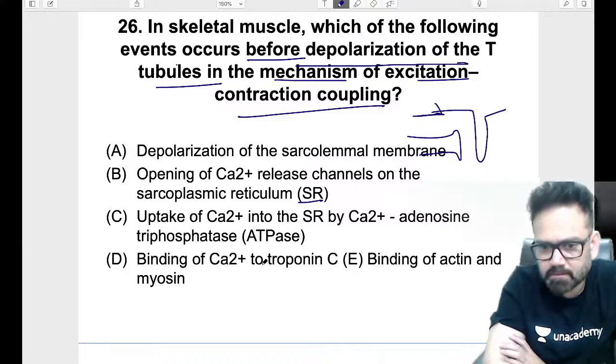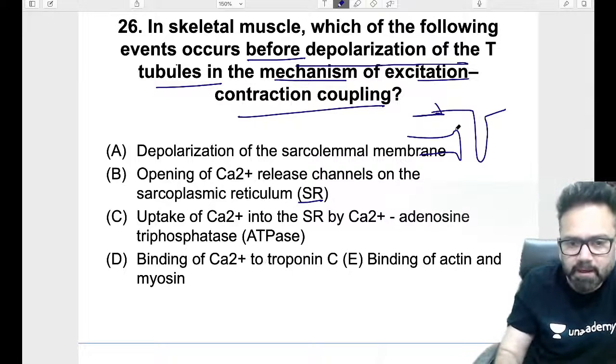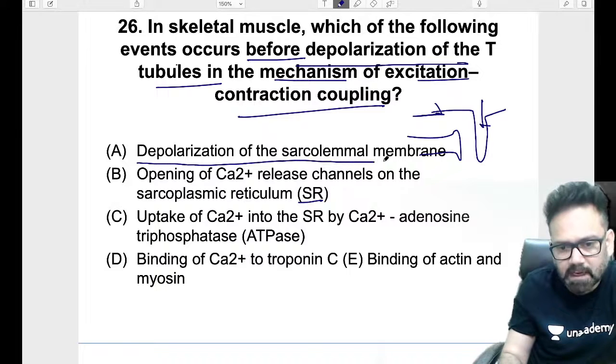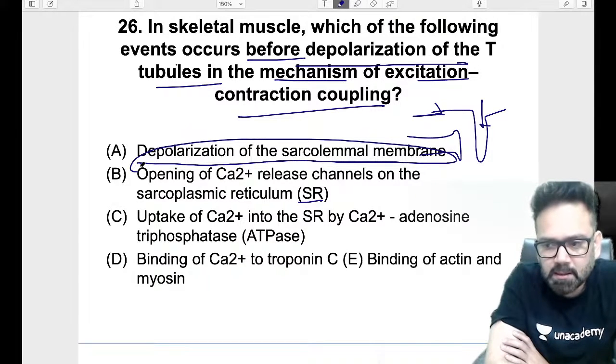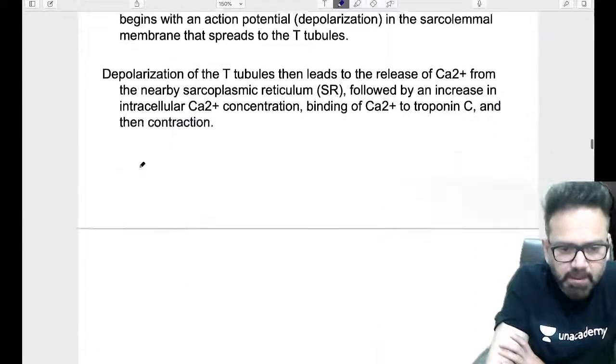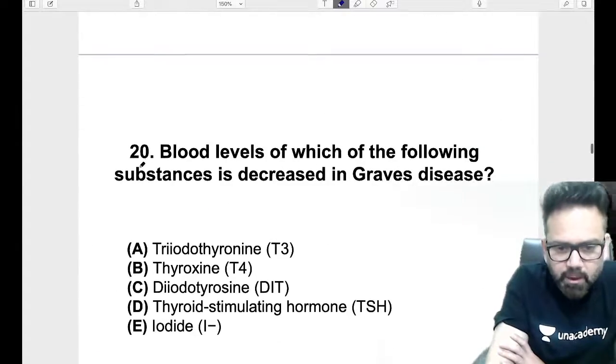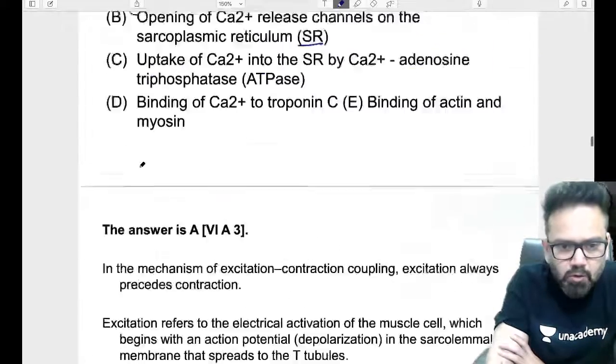It's a very simple one-liner question. Of course, before going inside the T tubule, you have to cause depolarization of the sarcolemma membrane. So the answer should be A. Okay, now these questions were done yesterday also.